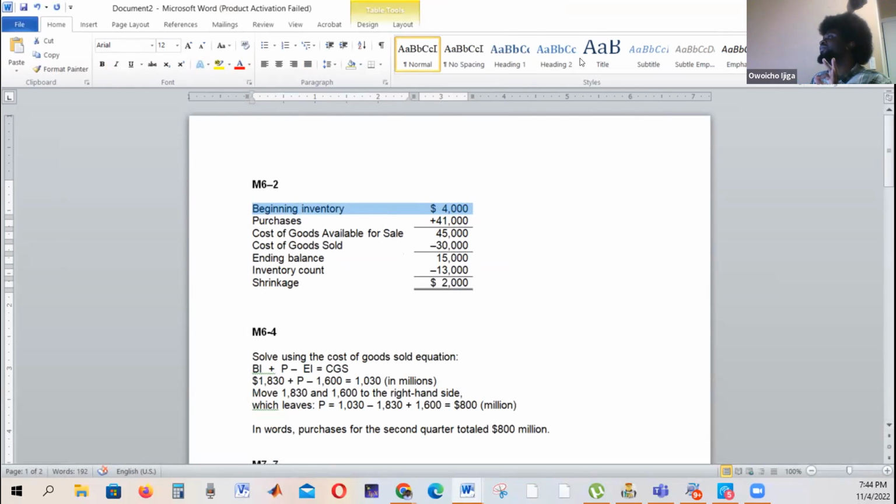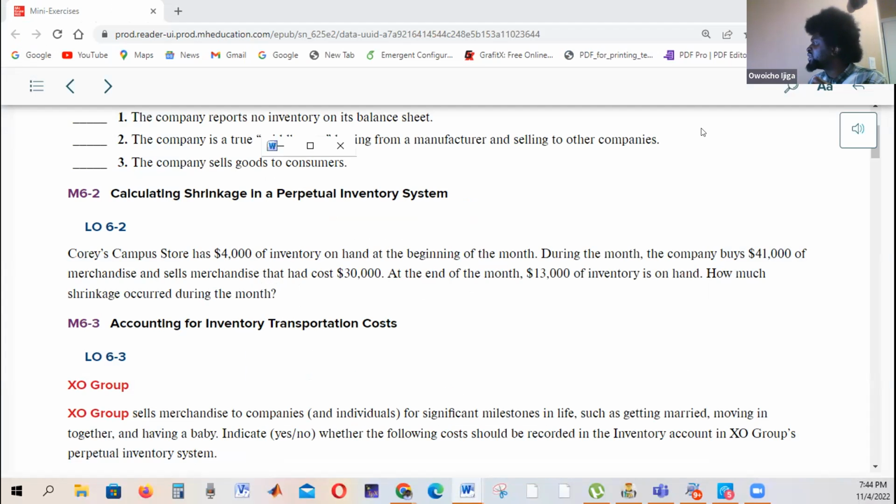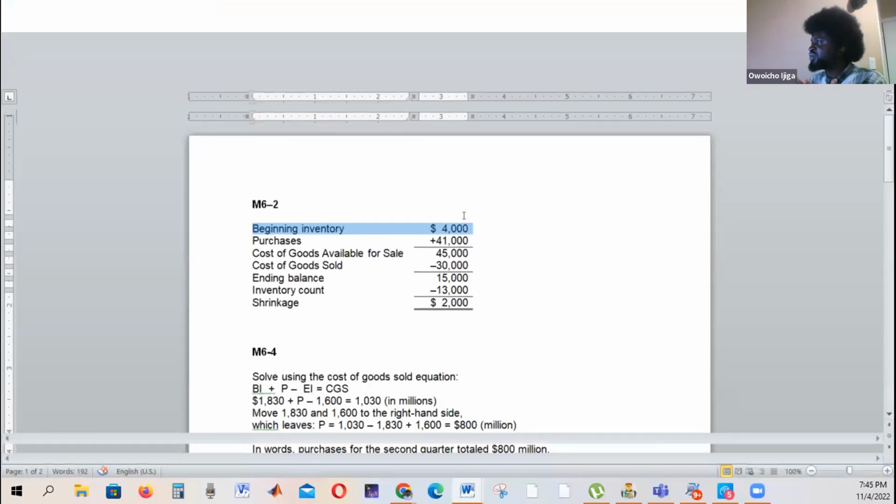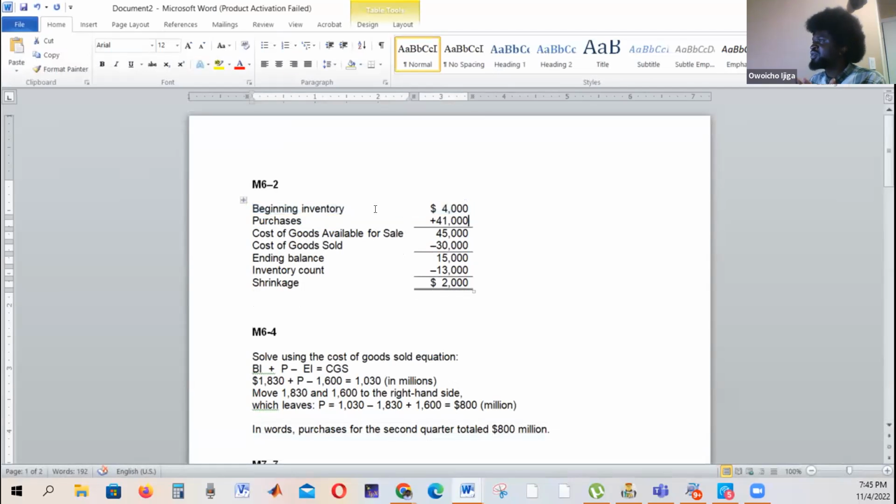That means it had $4,000 inventory on hand at the beginning of the month. That is beginning inventory. And during the month, the company buys $41,000. That is the purchase of merchandise. So purchases is what?